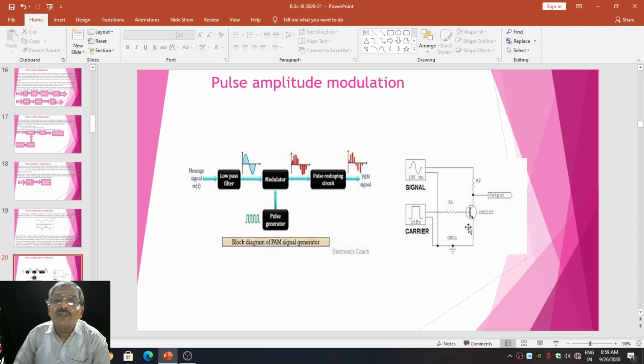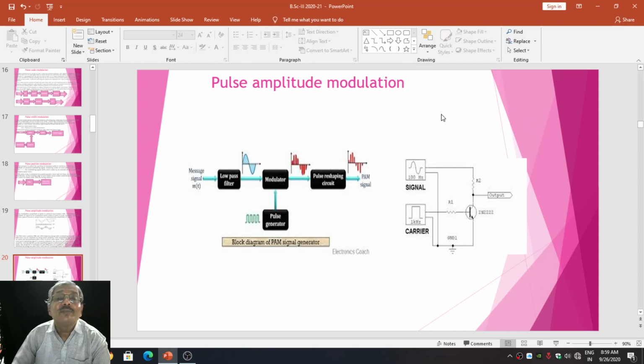With this process, the pulse amplitude modulated wave is made available at the output, and this process of modulation is called pulse amplitude modulation.